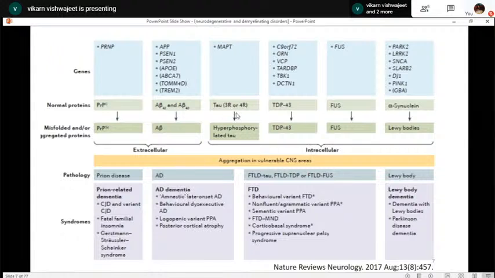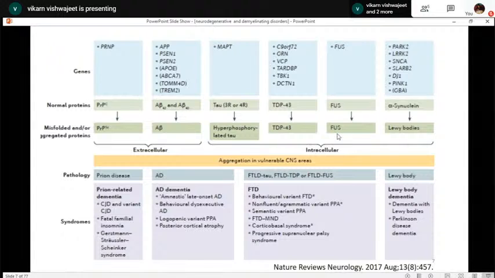Then we have tauopathy, where tau is a protein encoded by the MAPT gene, and the hyperphosphorylated form of tau is implicated in a number of diseases. It includes Alzheimer's disease as well, and frontotemporal lobar degeneration diseases also. Then there is TDP43 protein, which is implicated in frontotemporal lobar degeneration diseases, and then there is FUS protein.